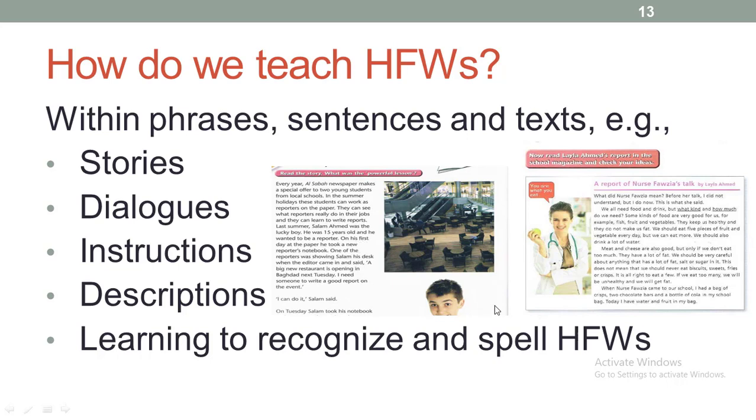You can see reading about here this guy is a reporter, Salam Ahmed, and as you see there are a lot of words that can be repeated in the same text.